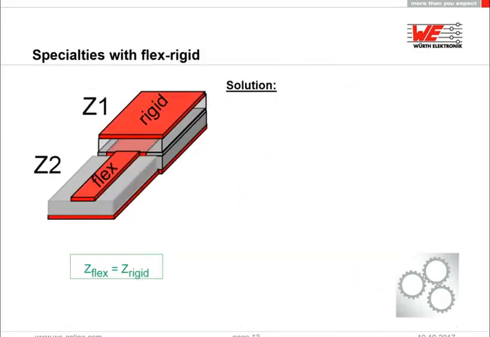So how can we meet the requirements of high frequencies? We have to ensure that the impedance in the rigid area as well as in the flexible area is the same. So we first define the target impedance value, which is 90 ohms differential for USB.